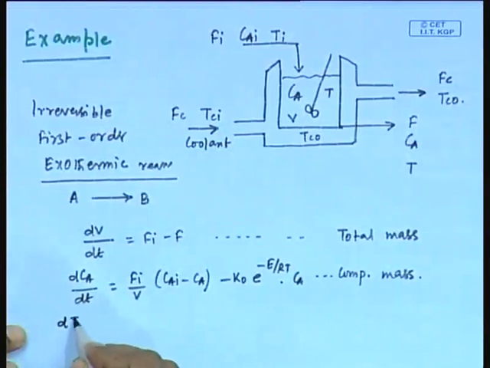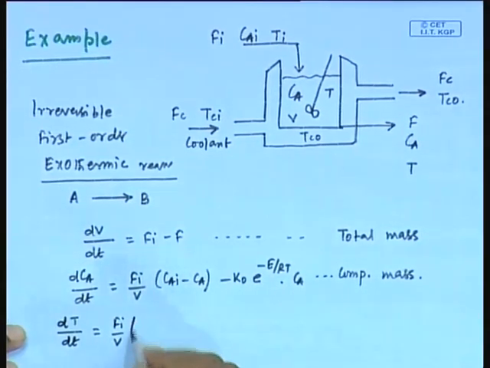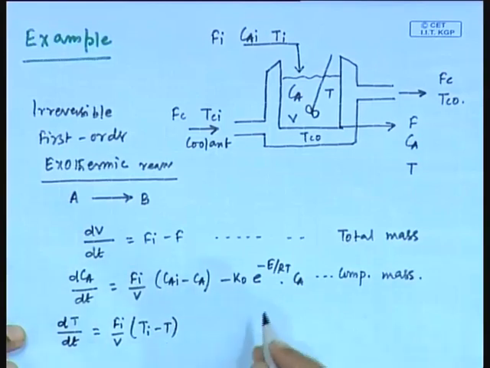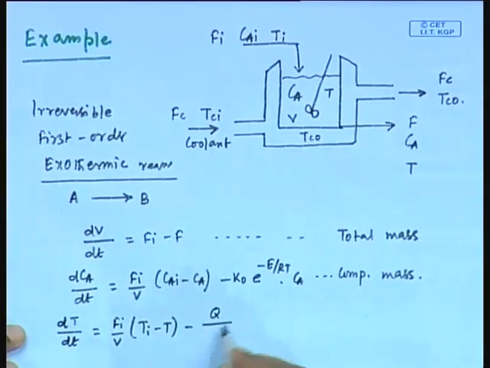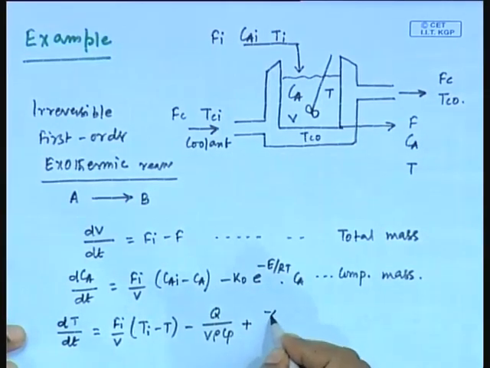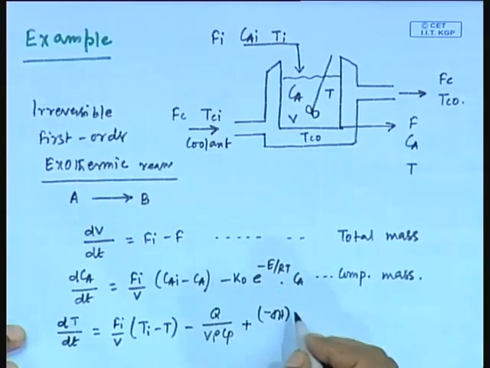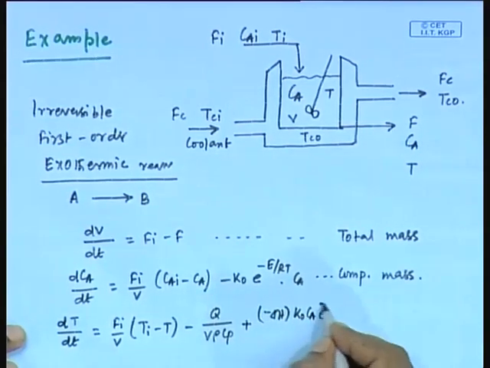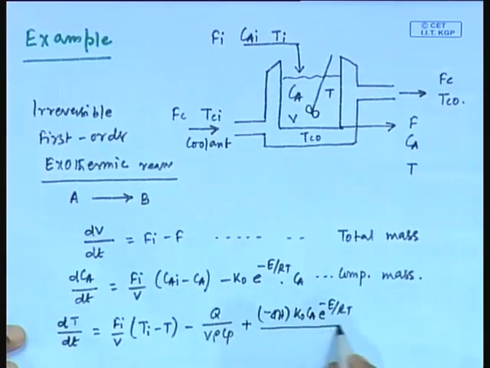Third equation we got considering energy balance. So, that equation is dT/dt equals Fi divided by V times (Ti minus T) minus Q divided by V rho Cp, plus (minus delta H) k naught CA exponential of (minus E divided by RT), whole divided by rho Cp.